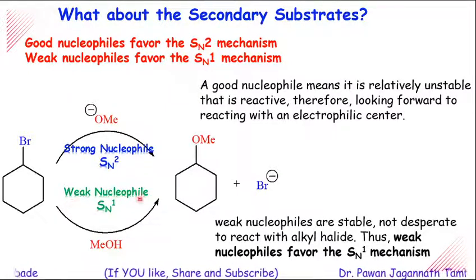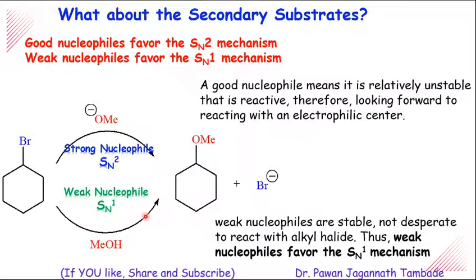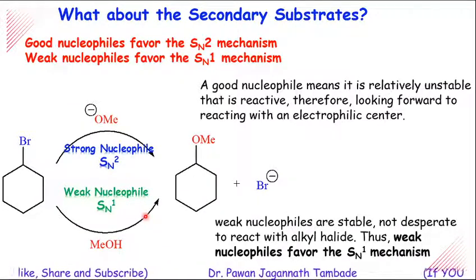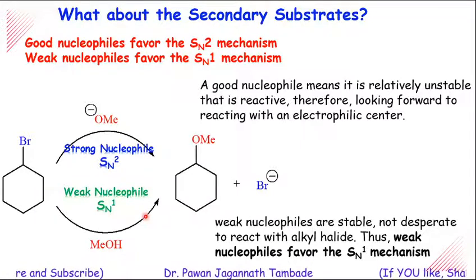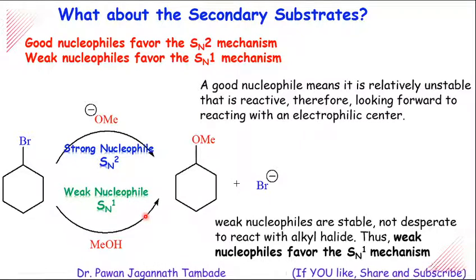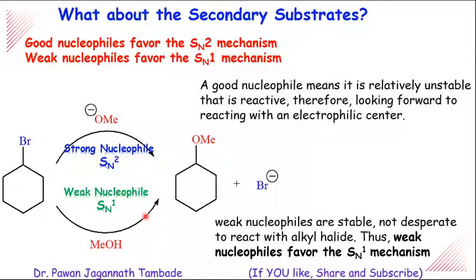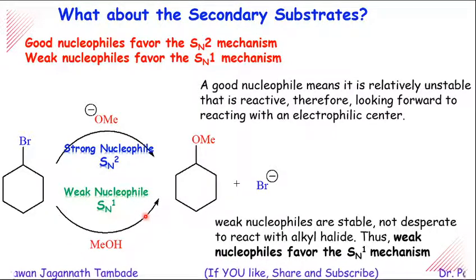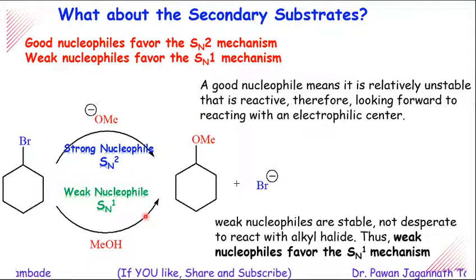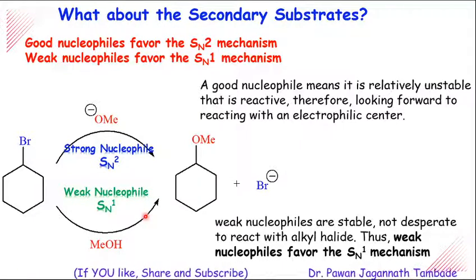So dear students, make it clear, if substrate is secondary, then that substrate may undergo nucleophilic substitution through SN1 path or SN2 path, and it is determined by other factors. One of the factors which determines this is the nature of nucleophile.